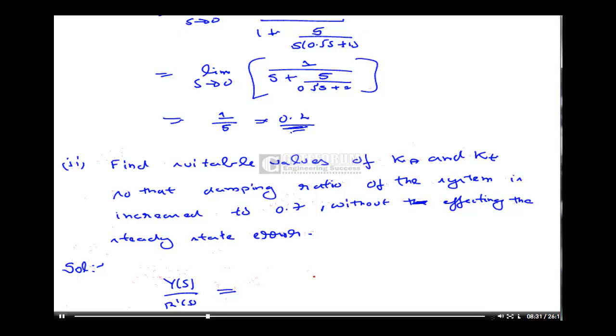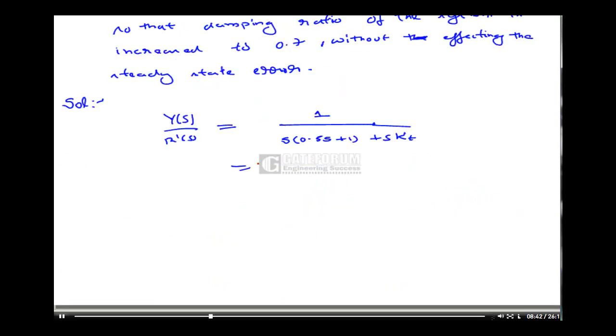That will be equal to 1 upon S into 0.5S plus 1 plus S Kt, which is equal to 1 upon 0.5 S square plus (Kt plus 1) S.